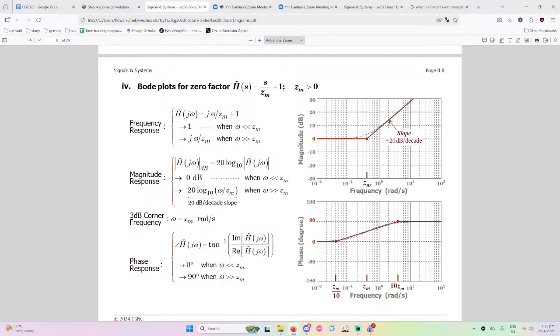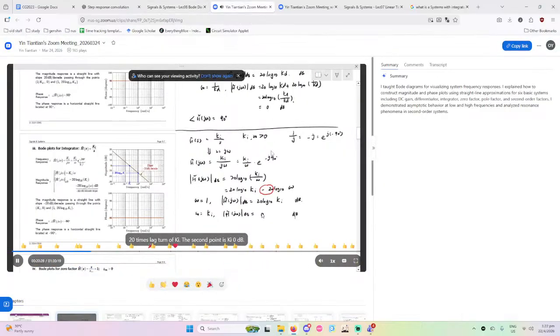When omega is equal to Ki, the first term here will be equal to the second term, so the first term minus the second term will be equal to 0. So we will have 0 dB. So it means that this straight line will pass through two points. The first point is 20 times log 10 of Ki. The second point is Ki, 0 dB.